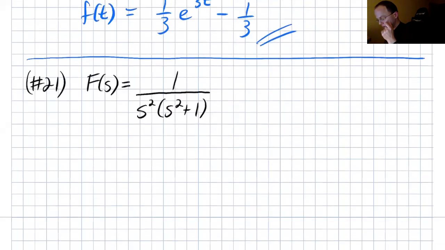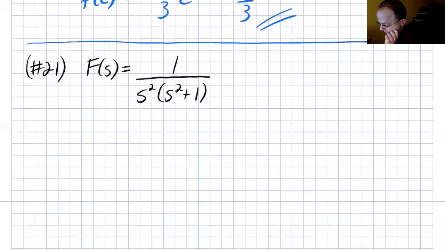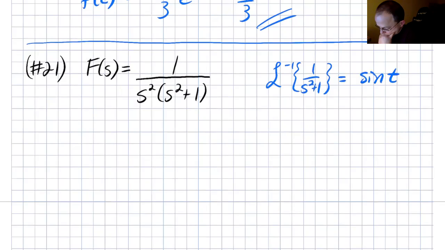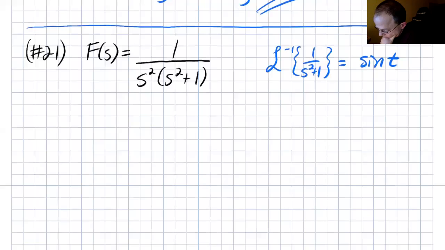So again, we can use partial fractions here, but let's try to do this with this rule. What this is telling us is that we're dividing by s twice, so we'll have to integrate twice. So let's first write down what the inverse Laplace transform of 1 over s squared plus 1 is, and this will be sine t. Okay, so first of all, we're going to integrate from 0 to t.